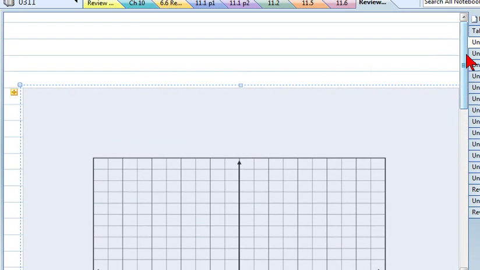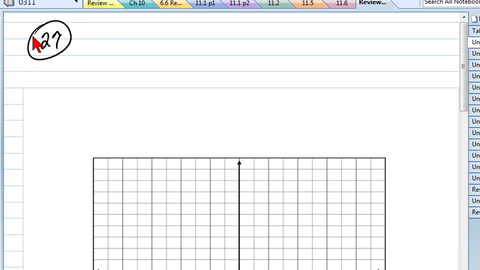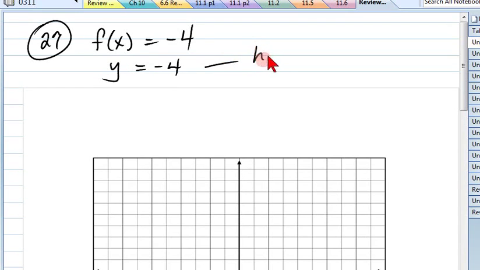All right, the next one is number 27, and it is f of x is equal to negative 4. Well, that really is the same as y is negative 4. What kind of line is y equals negative 4? It is horizontal.